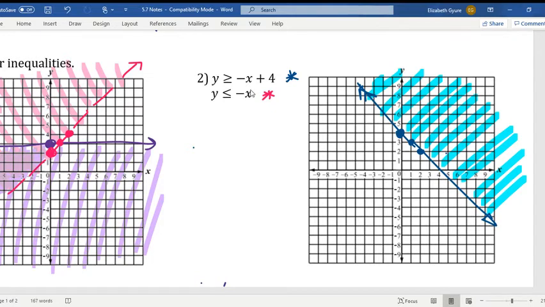So I don't see a y-intercept. If I can't see a number that's being added, does anyone know what that number is? Like if I can't see a number that's being multiplied, it's a 1. What if I can't see a number that's being added? It's a 0. So our y-intercept here is actually 0. So you're going to put a dot at 0.